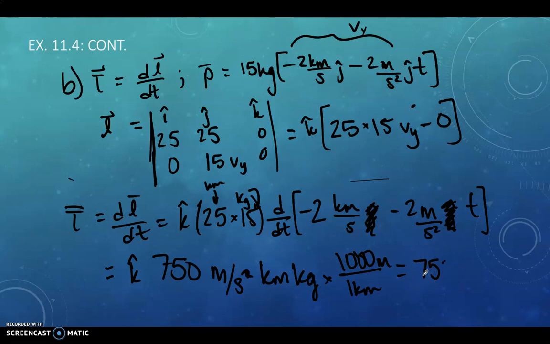So that would be 1, 2, 3, 4, 5. 7.5 times 10 to the 5th meters squared per second squared kilograms.